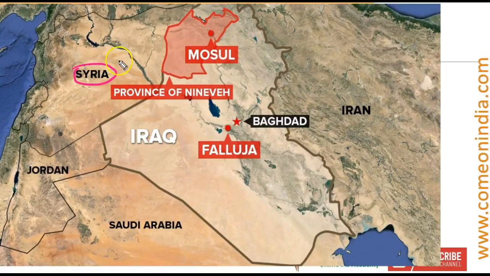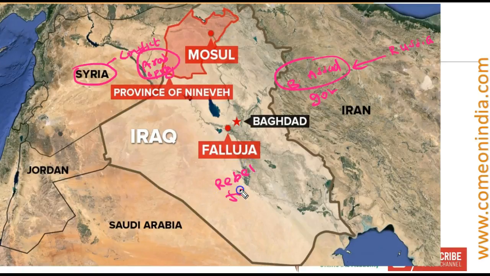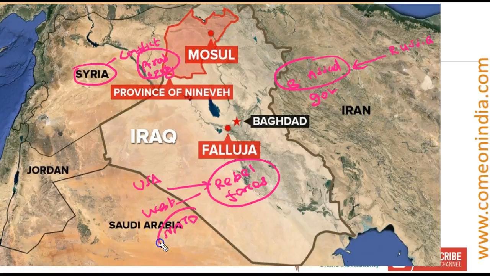Here, in the main Syrian conflict, that is also called part of the Arab Spring, on one side Bashar al-Assad forces, also called government forces, are supported by Russia, and on the other side Syrian rebel groups or rebel forces are supported by USA and other Western countries, or you can say NATO countries.